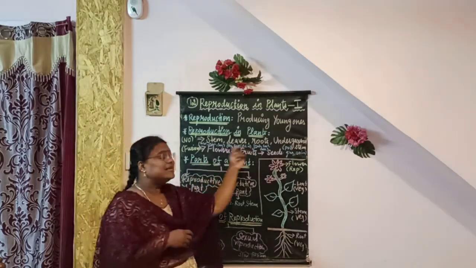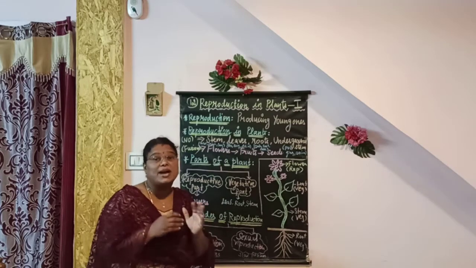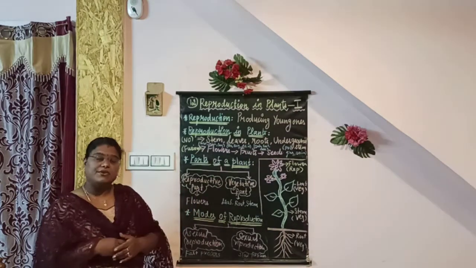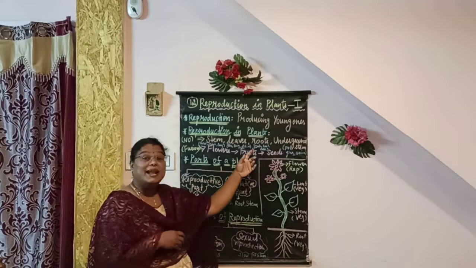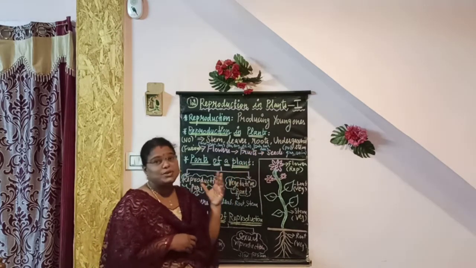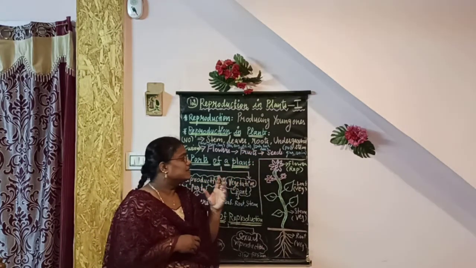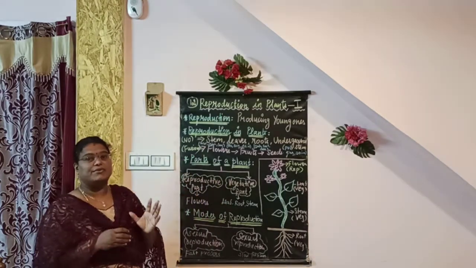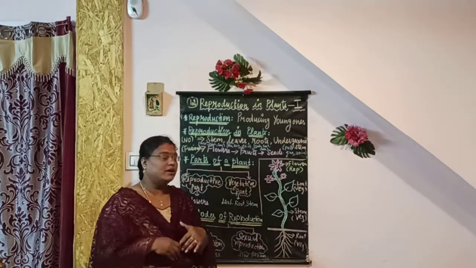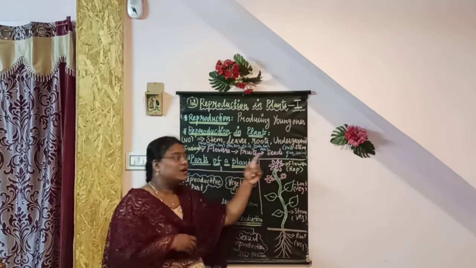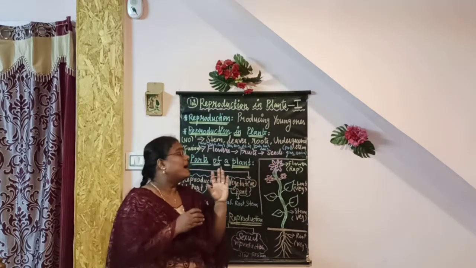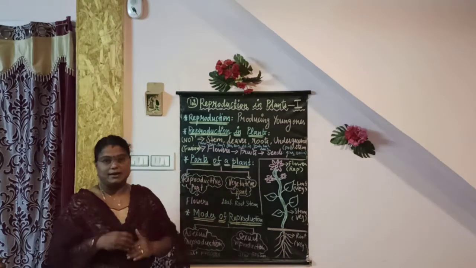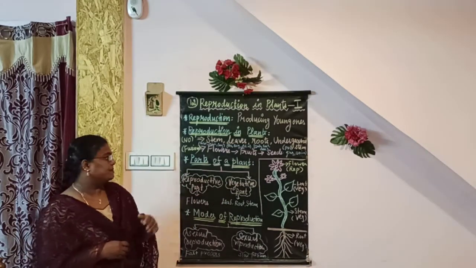Examples of plants in which roots give rise to young ones are dahlia, beetroot, carrot. And in some plants underground stems give rise to their own young ones. They are potato, ginger and onion, underground stems which give rise to offspring.